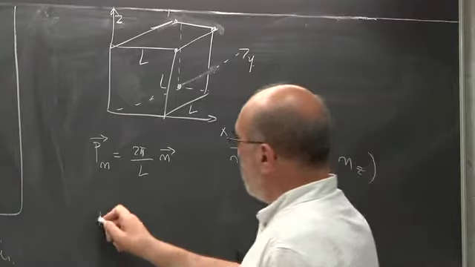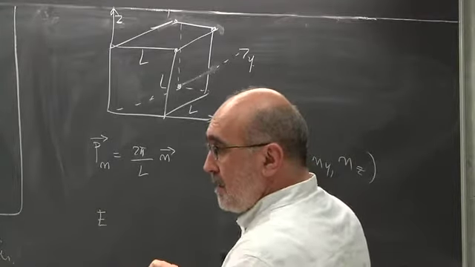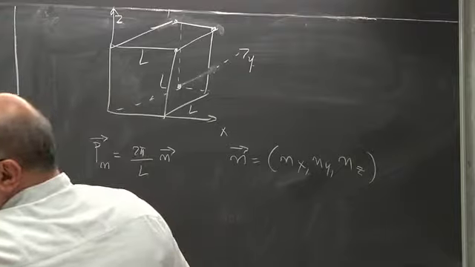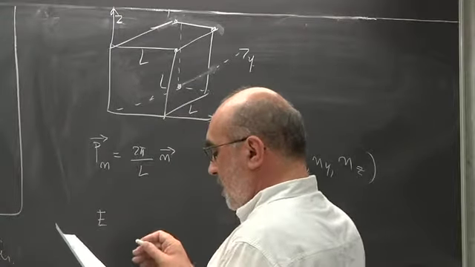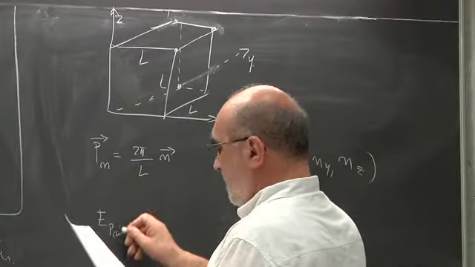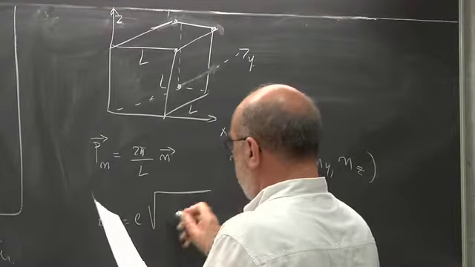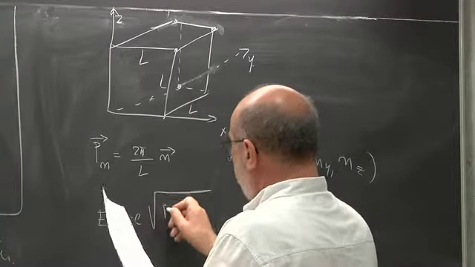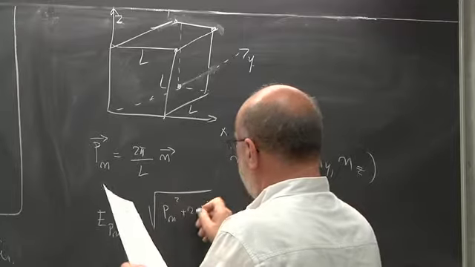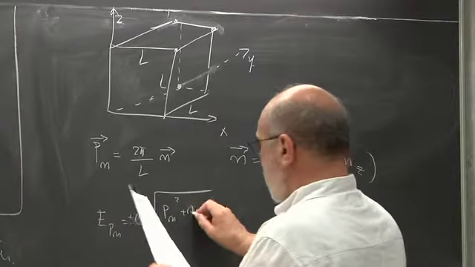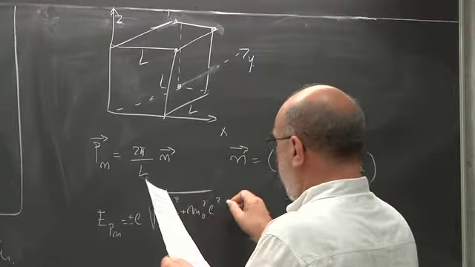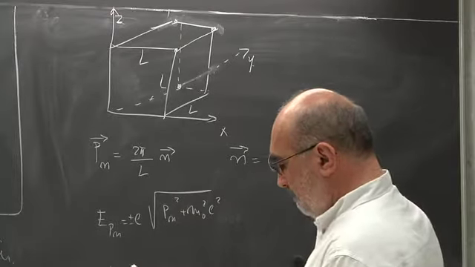Okay, then immediately you get what E is. E is from here, and it depends on P. So you get that E_Pn is equal to plus minus C square root of Pn square plus M0 C square.